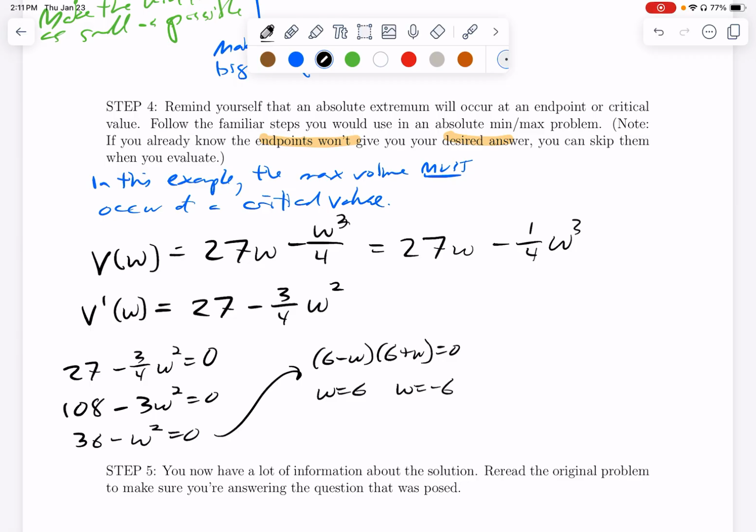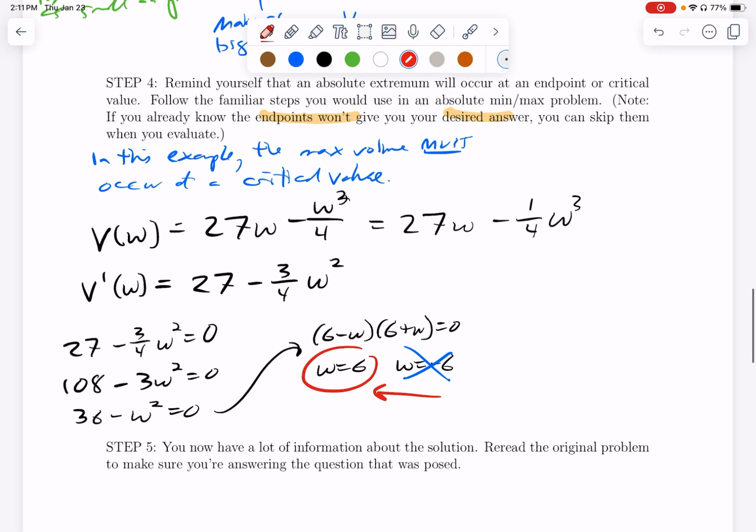This problem only makes sense for positive values of W. So what we're noticing here is this is the only critical value relevant to the problem. So it gives us the maximum.